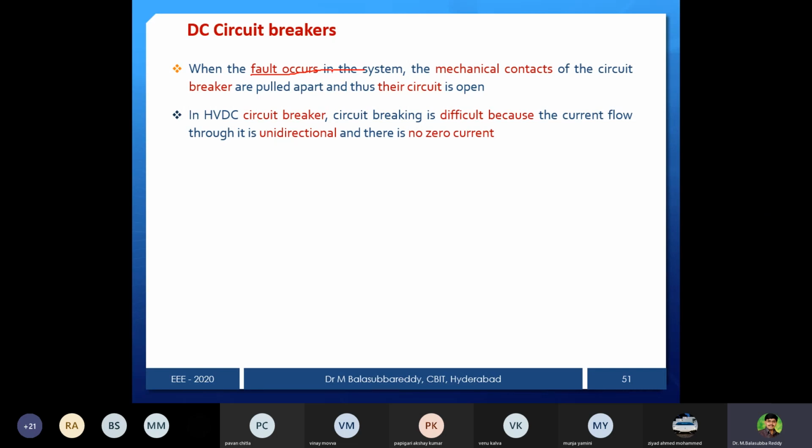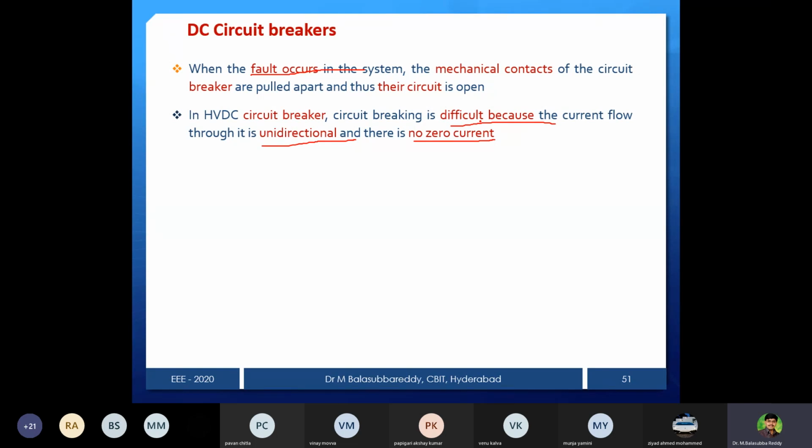The HVDC circuit breakers are difficult because the current flows unidirectionally and there is no zero current. When you are using a thyristor, current always flows as a unidirectional current only.